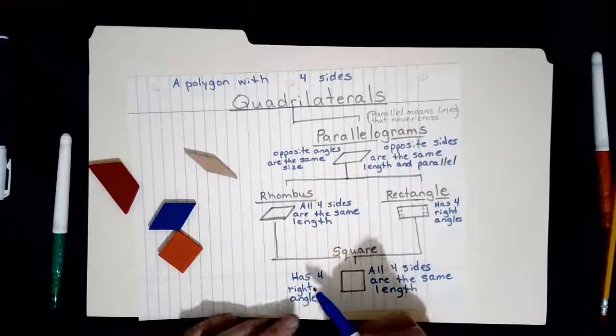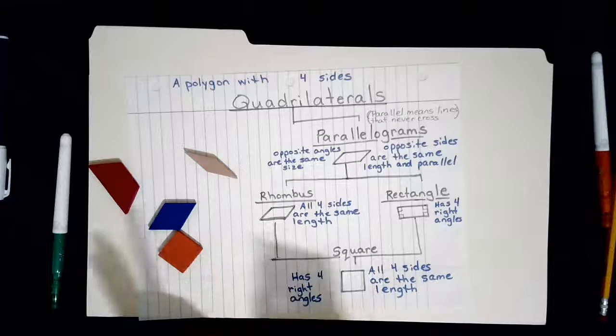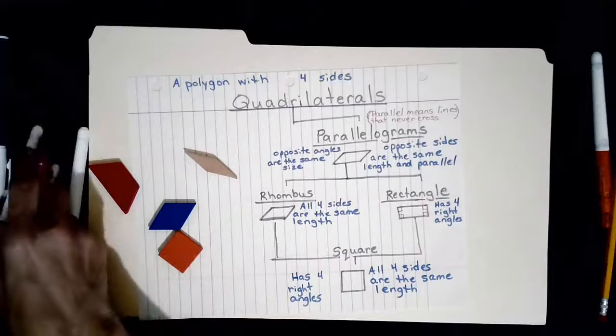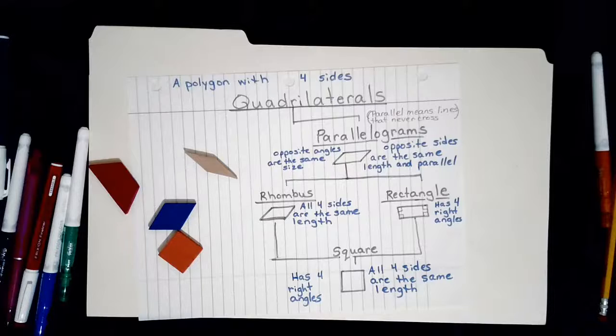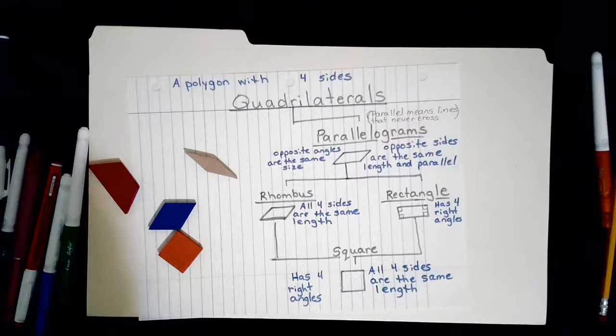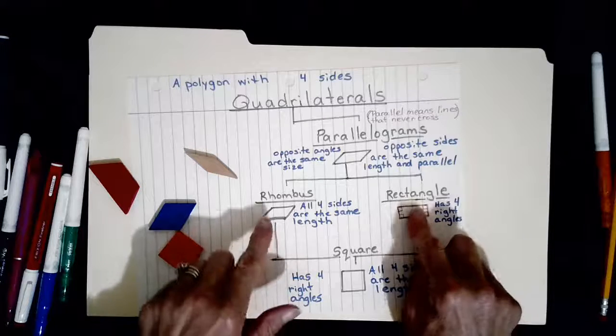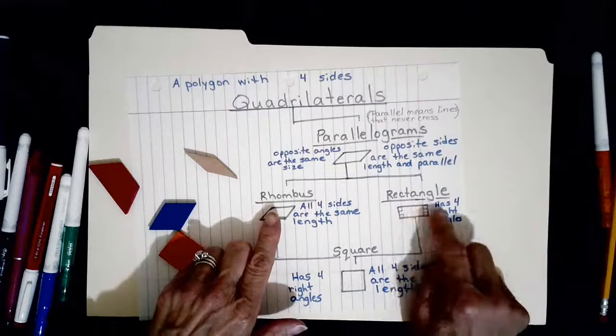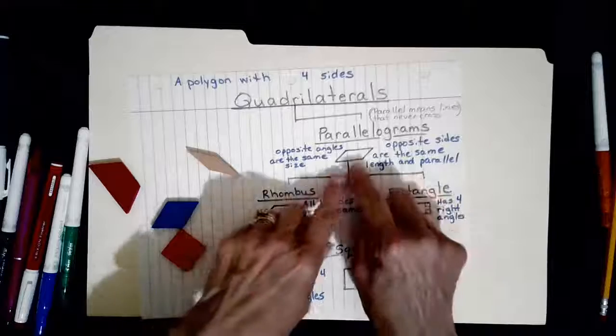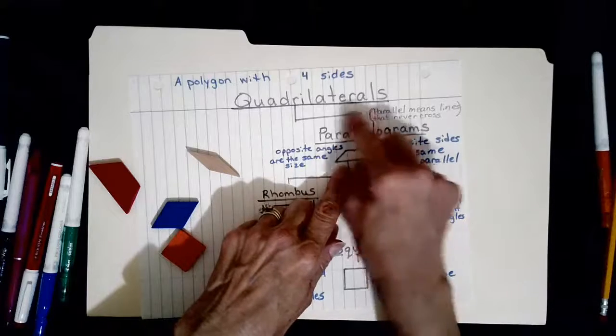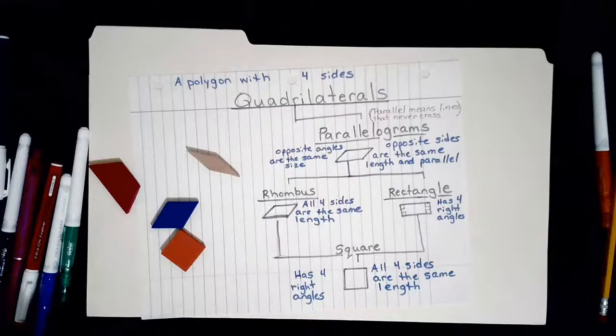All right, so I actually probably should have switched those words over, but it's already there, so that's okay. So a square is a special kind of rectangle and a special kind of rhombus, which since a square is the same as a rectangle and a rhombus because of the qualifications, they are also parallelograms, and they fall under the big term quadrilaterals because they have four sides.